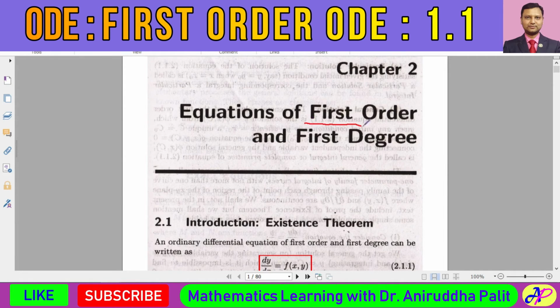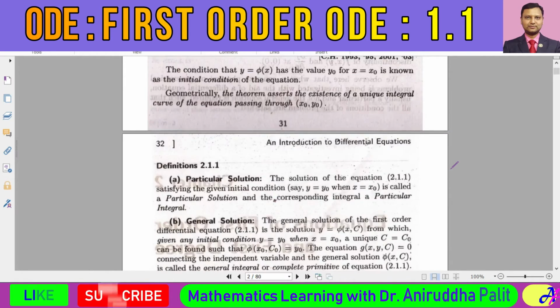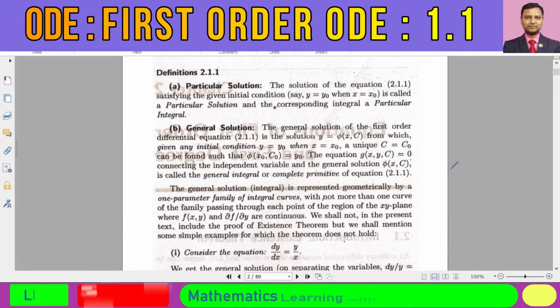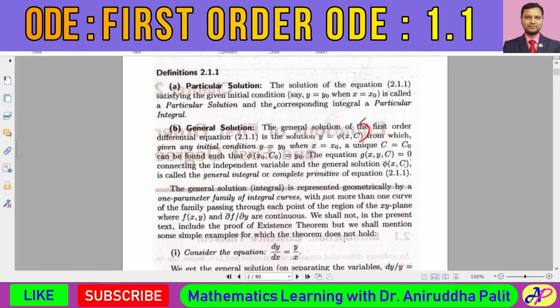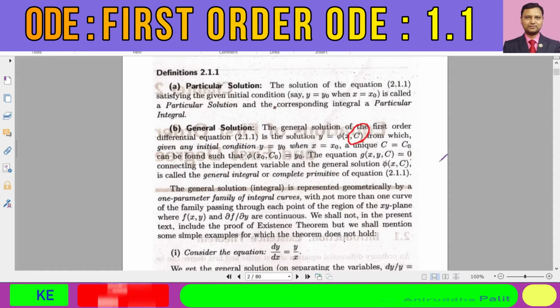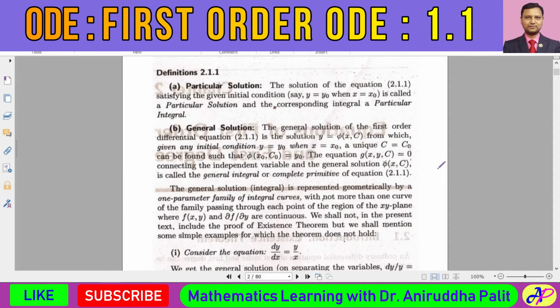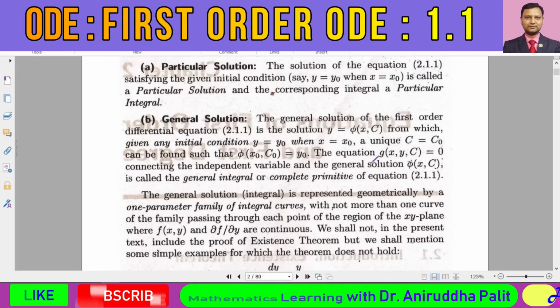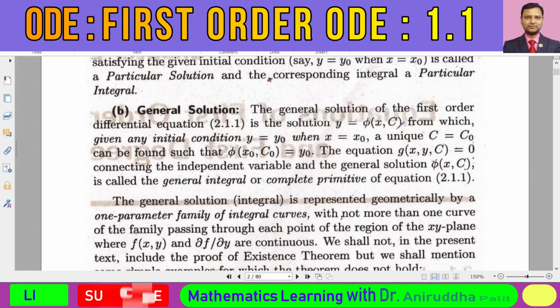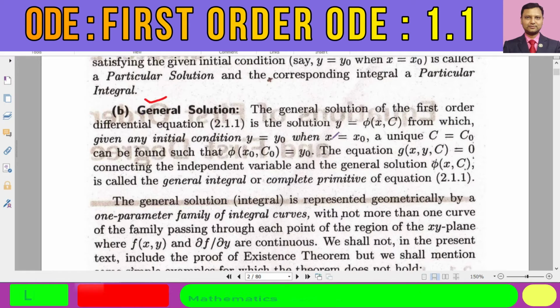That's why we have only a single arbitrary constant in this solution. Got it? And this kind of solution is called general solution.